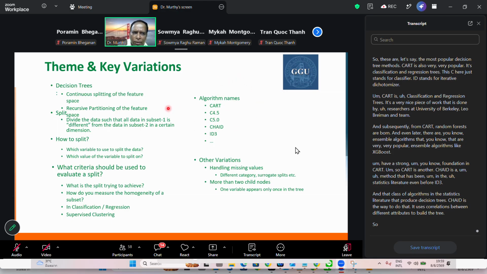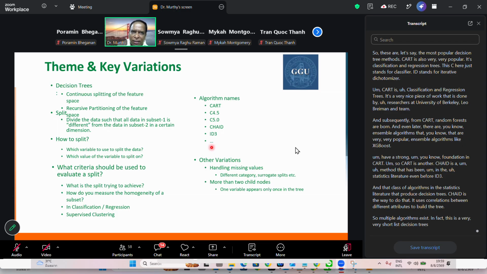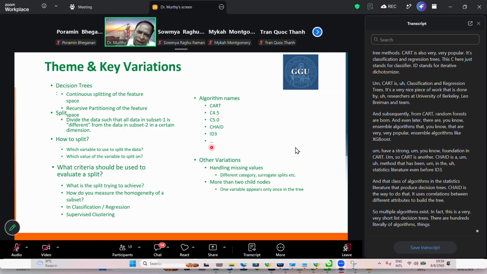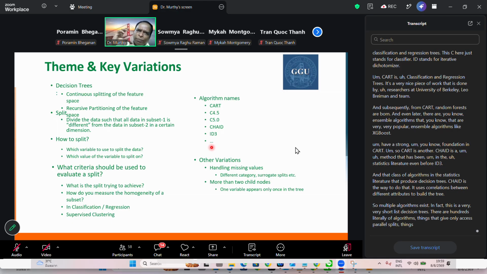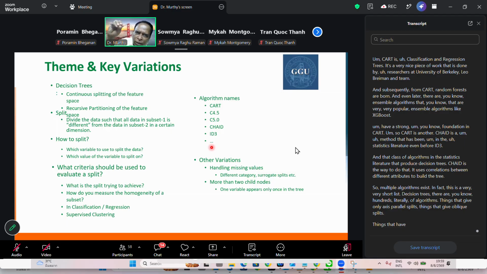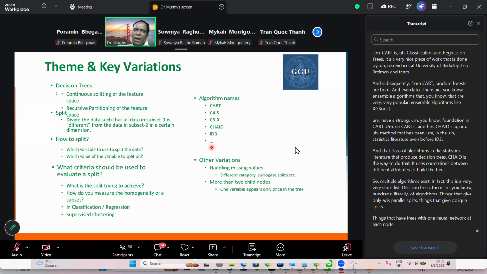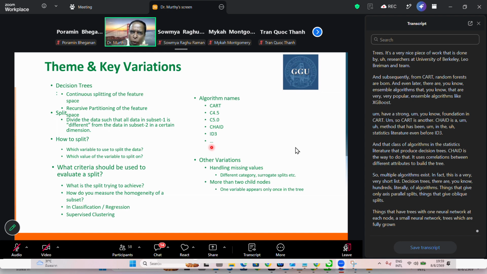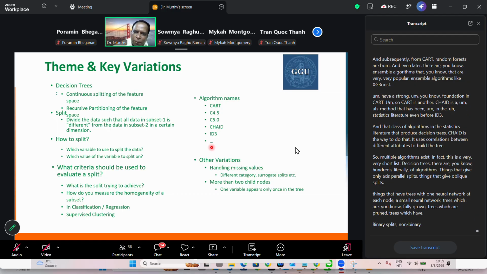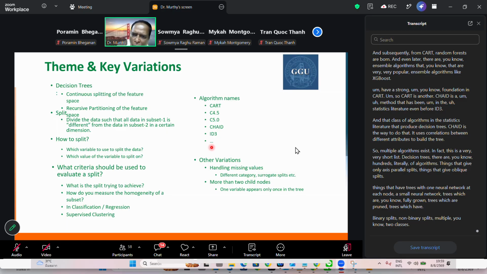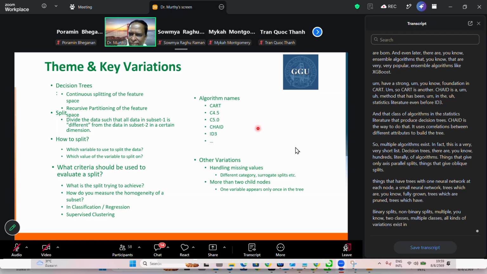So multiple algorithms exist. In fact, this is a very, very short list. Decision trees, there are literally hundreds of algorithms, things that give only axis parallel splits, things that give oblique splits, things that have trees with one small neural network at each node, trees which are fully grown, trees which are pruned, trees which have binary splits, non-binary splits, two classes, multiple classes, all kinds of variations exist in this world of decision trees.